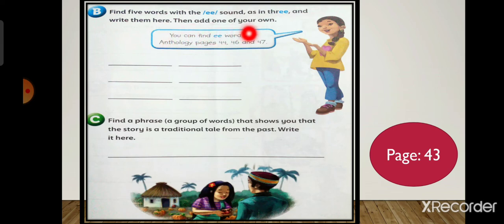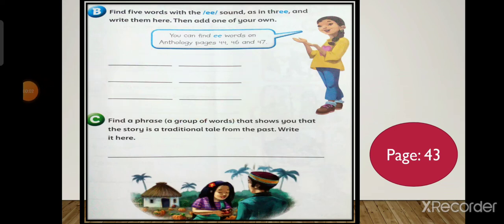Then add one of your own. You can find E words on anthology pages 44, 46 and 47. You will read the story and find E words on anthology pages. Okay? And you have to write on these small lines.